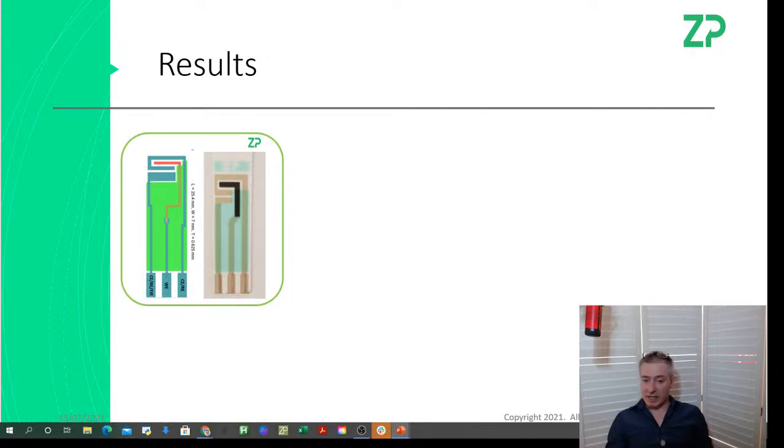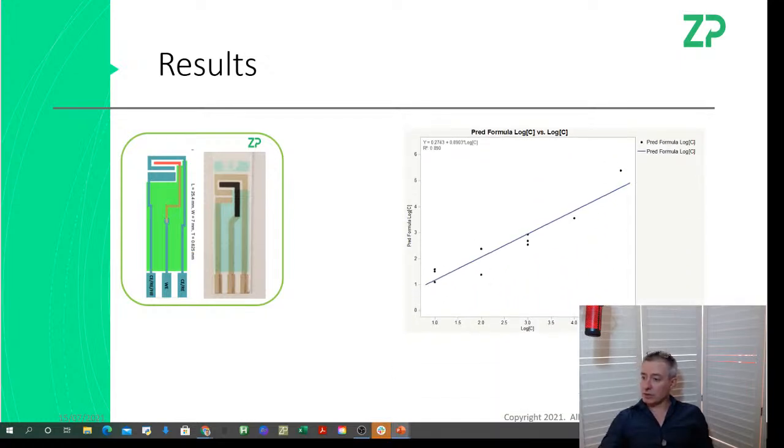This is the hypervalue carbon electrode that we use and we promote a lot. Now I'm not going to try and tell you that this is the world's most amazing data, but this is the actual concentration versus what we've predicted the concentration would be from our calculations. So we've tested these concentrations and then we've put them through a model and seen how well we correlate with that model.